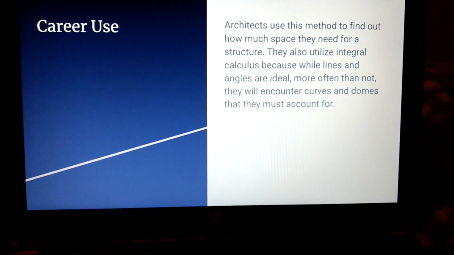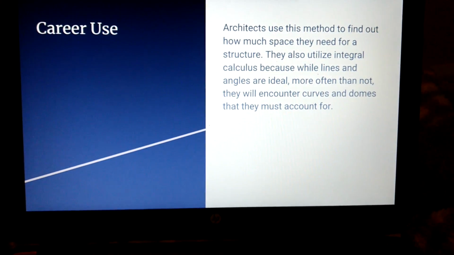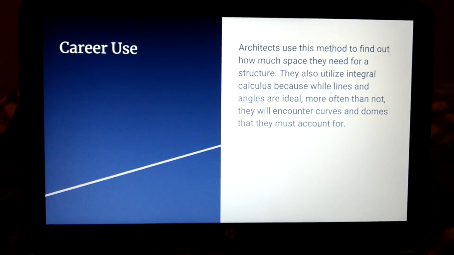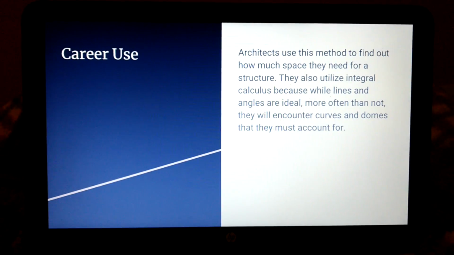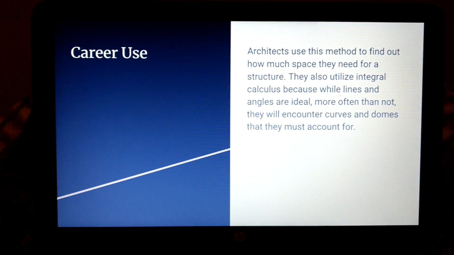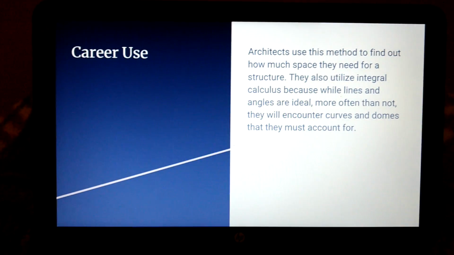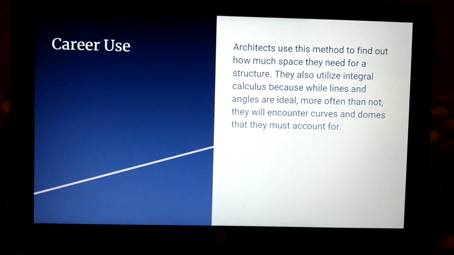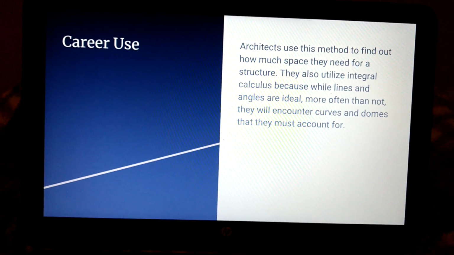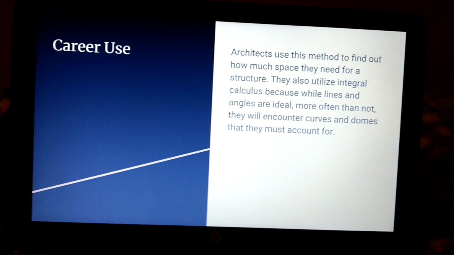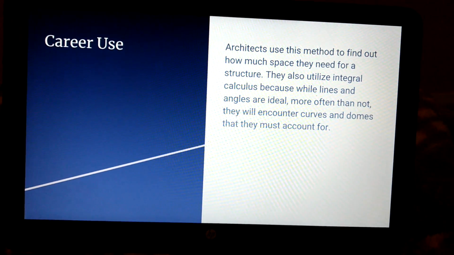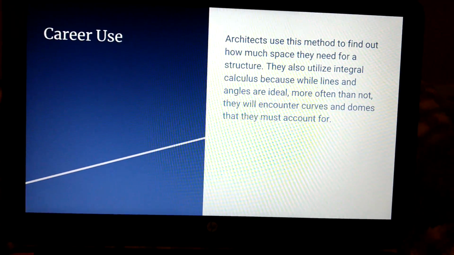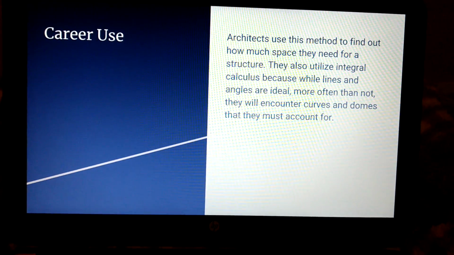In your careers, people such as architects would use this quite often because while straight lines and sharp angles are the most mathematically ideal structures to have, more often than not you're going to find some kind of curvature or domed lid or something on top of a building, curves to the walls, curves to the corners, and any kind of curvature is going to be much harder to figure out the space in the room if you don't have this method to use here.